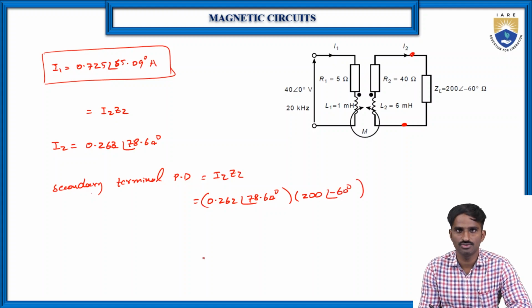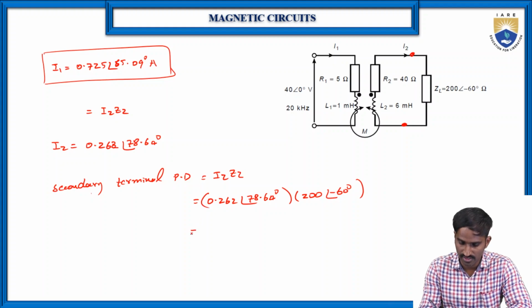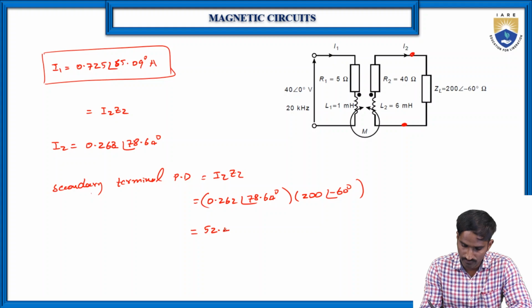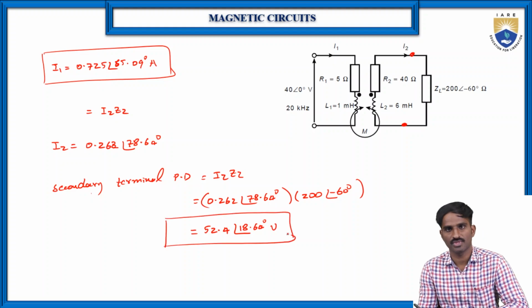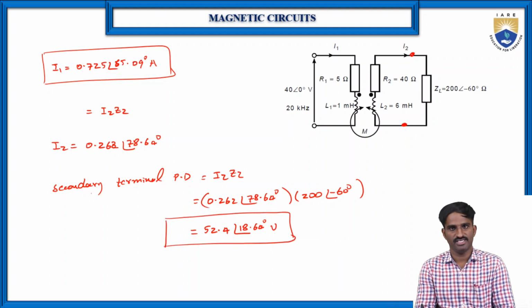You just multiply these two terms, then you will finally get the potential difference: 52.4 at an angle of 18.64 degrees volts. So this is the potential across the secondary terminal.